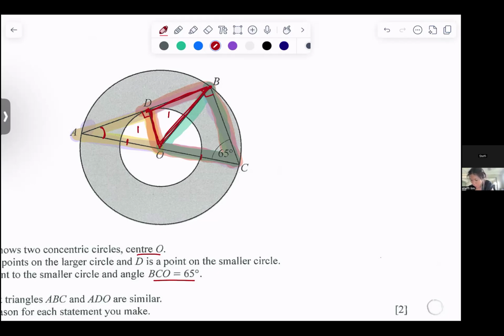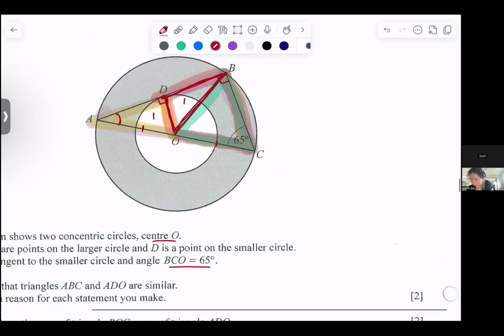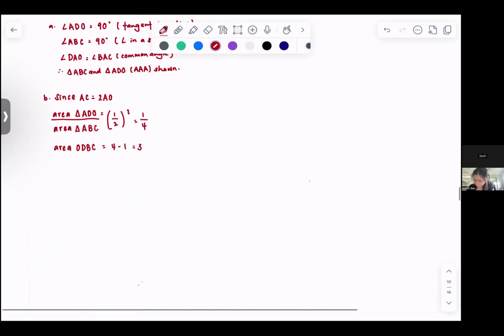So to find the area of triangle BOC, you just take 3 minus 1, that's 2 units.